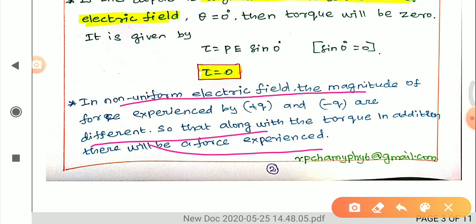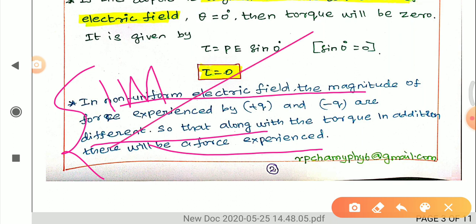I stressed this point again and again because one more question may be asked. If the electric dipole is kept in the presence of a uniform electric field, which of the following will it experience? Only torque, only force, both force and torque, or neither force nor torque.